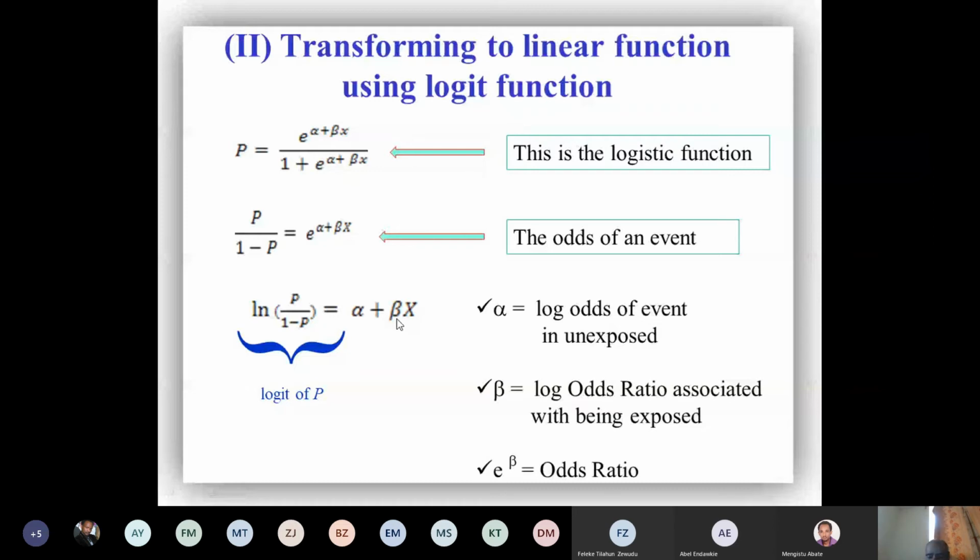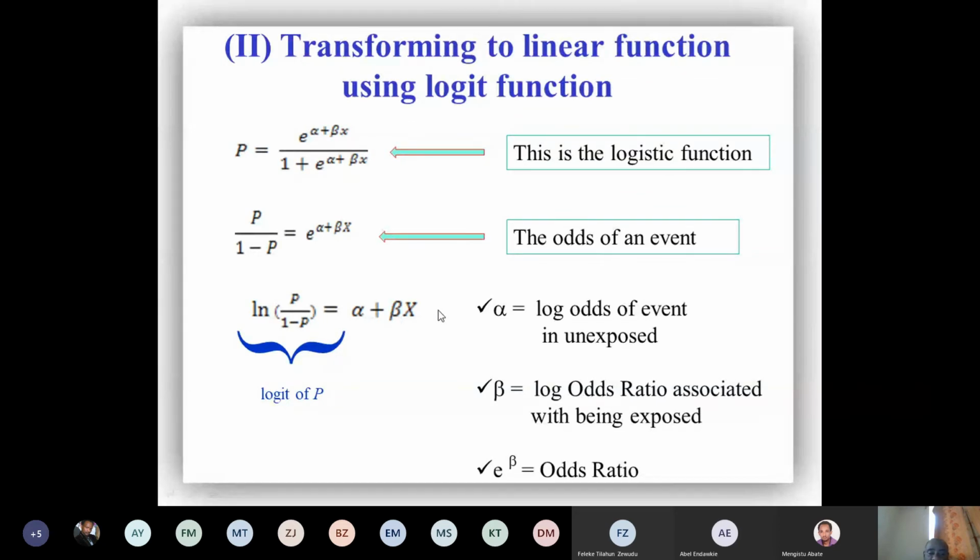That is of course the complication, because if you are to interpret beta as it is, you will say for a unit increase in x, for example, for a unit increase in age, the logarithm of the odds of developing CHD will increase by beta, which is very complicated and no one would understand you easily.